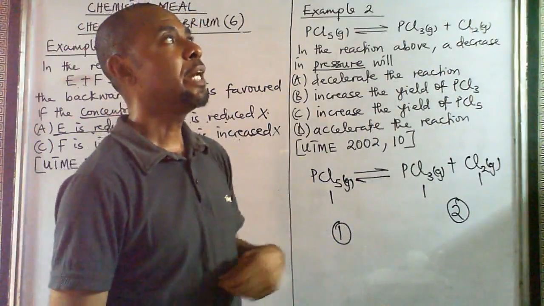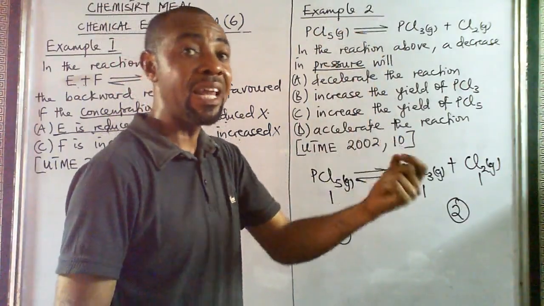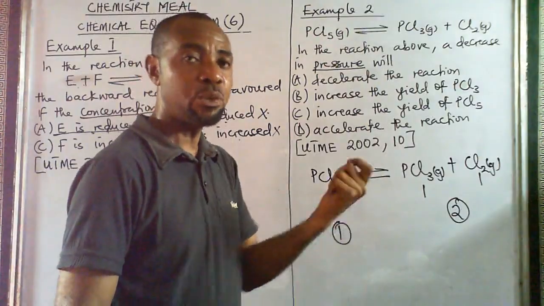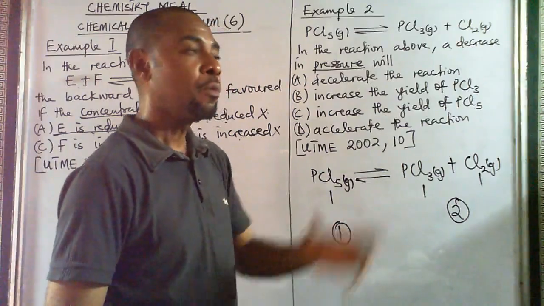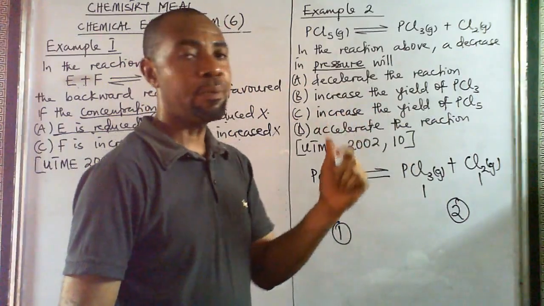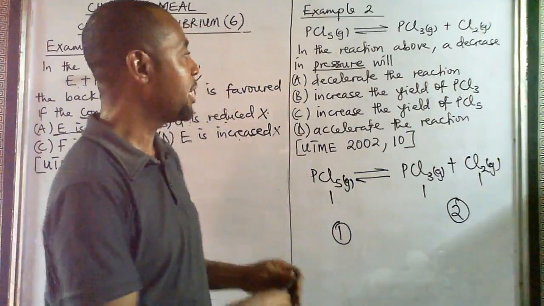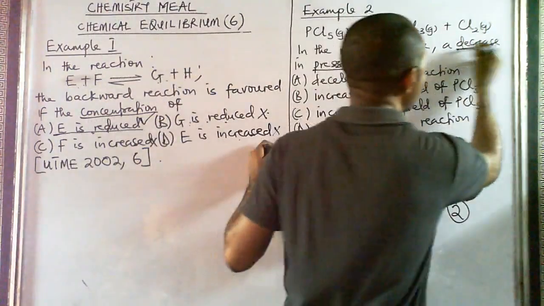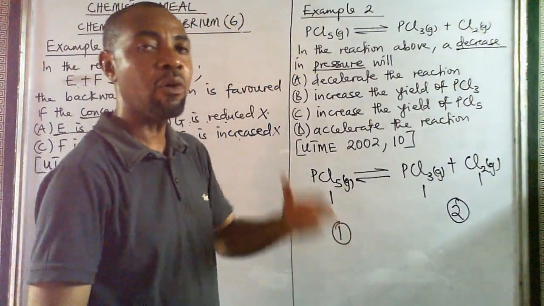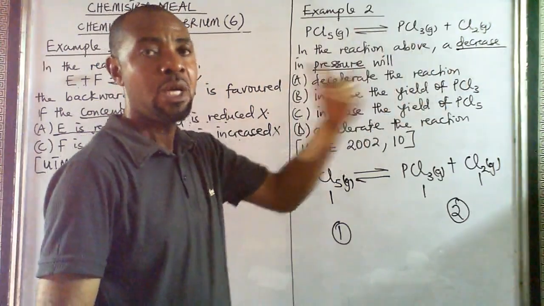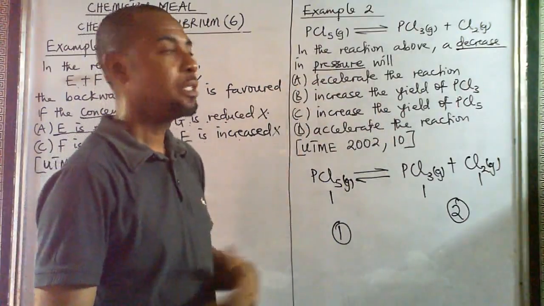We said that when pressure is increased, it will favor the side with fewer moles of gas. Fewer moles of gas means less volume of gas. So increase in pressure will favor the side with fewer moles of gas. But here, what they are talking about is a decrease in pressure. Decrease in pressure will favor the side with more moles of gas.